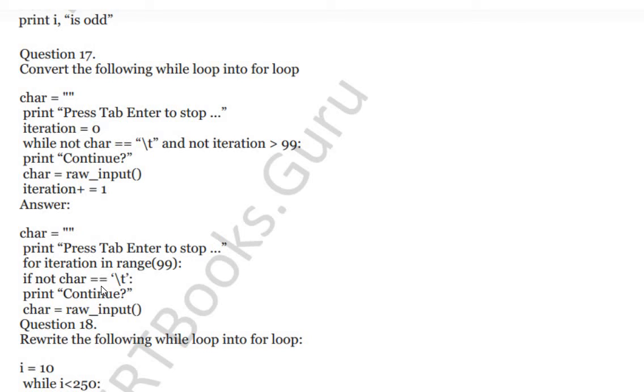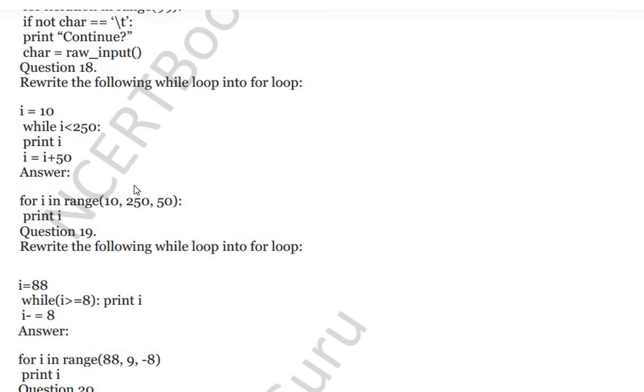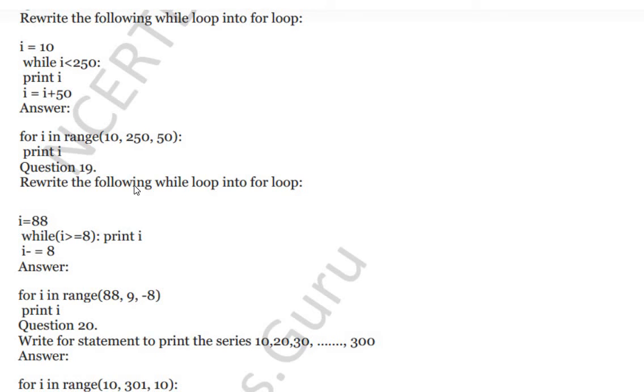If it's not char, you see here not char is equal to is mentioned here only. You have to do it in a separate line, then the code will remain the same till the end. Only iteration plus equals 1, by default it's given in the for loop, so there is no need to write this line also. Okay. Now again note down these questions.